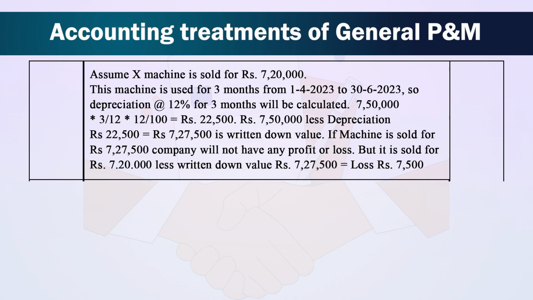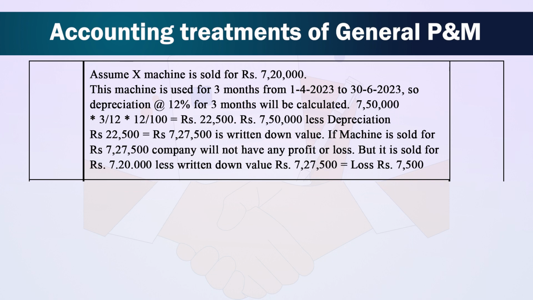So, depreciation at the rate of 12% for 3 months will be calculated. 7,50,000 into 3 divided by 12 into 12 divided by 100 will give us depreciation of rupees 22,500. Rupees 7,50,000 less depreciation rupees 22,500 is equal to rupees 7,27,500, the written down value.